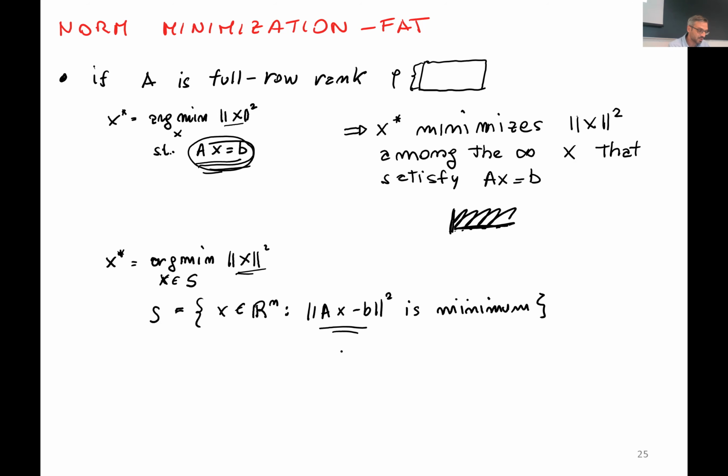In case the rank is not full, then it's not possible to solve the problem precisely. So we can only resort to minimizing the error, and the pseudo inverse in this case will determine the solution that minimizes the norm among the solutions that try to minimize the error A X minus B.